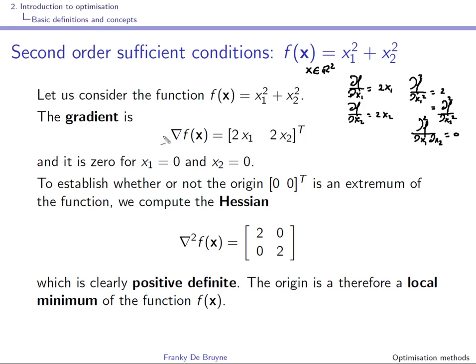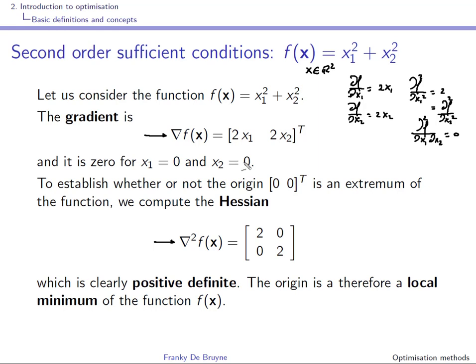And this is how we obtain the gradient, and this is how we obtain the Hessian, right? And we can now look for critical points. These are the points that make the gradient 0, and you can see that there is only one point, and that it corresponds to x1 is equal to 0 and x2 is equal to 0.